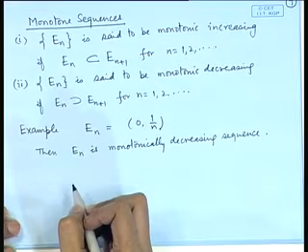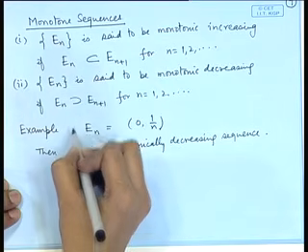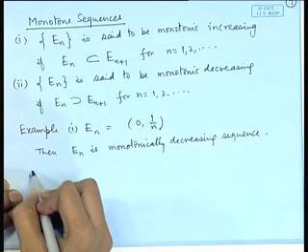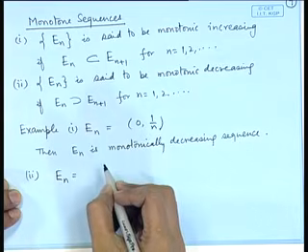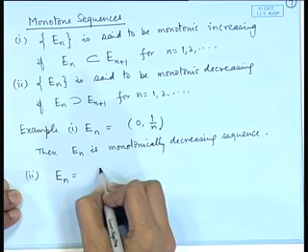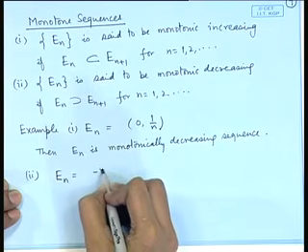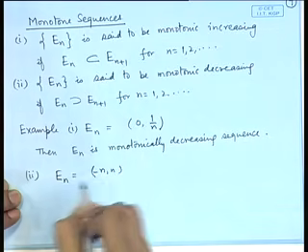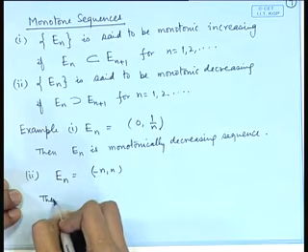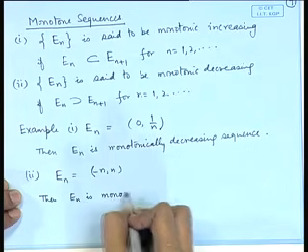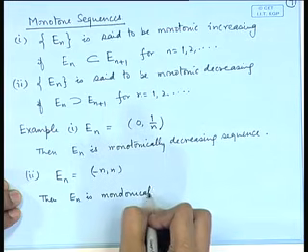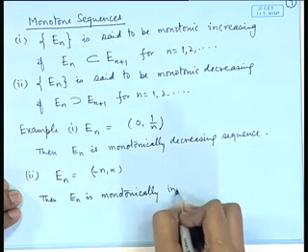Further, we can consider the sequence E n equal to the interval, say, minus n to n, then E n is monotonically increasing.